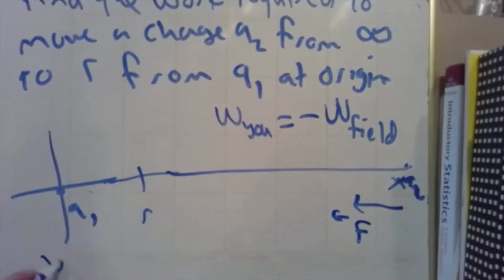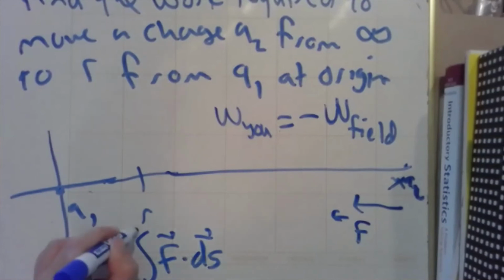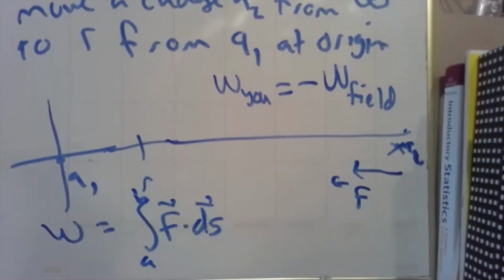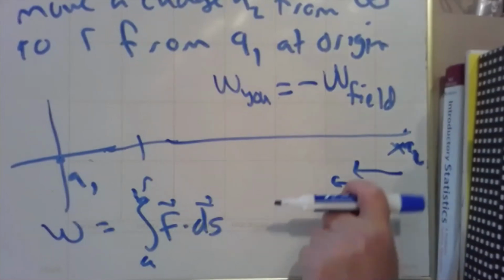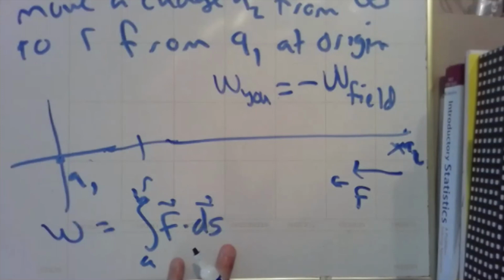Remember, work is the integral of force times distance from A to B. So I am pushing in the same direction that I'm moving, so this dot product is in the same direction.